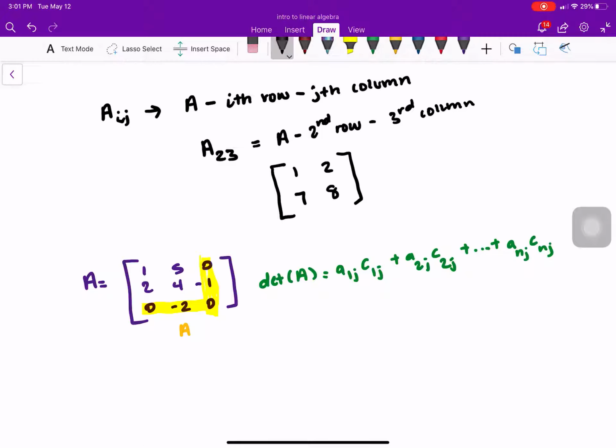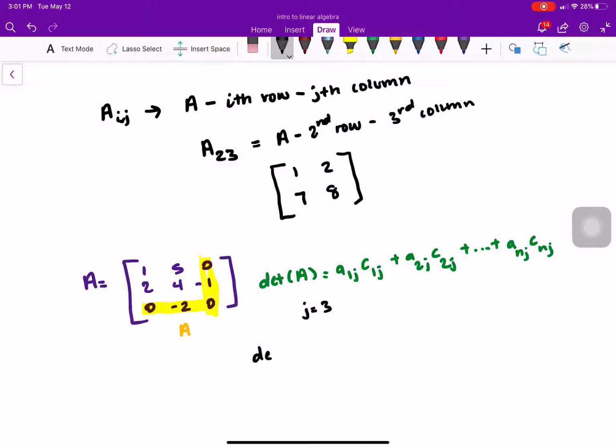Great. Now we need to figure out what exactly we're looking at. We're expanding across the third column. Since j represents the column, our j is going to be equal to 3.